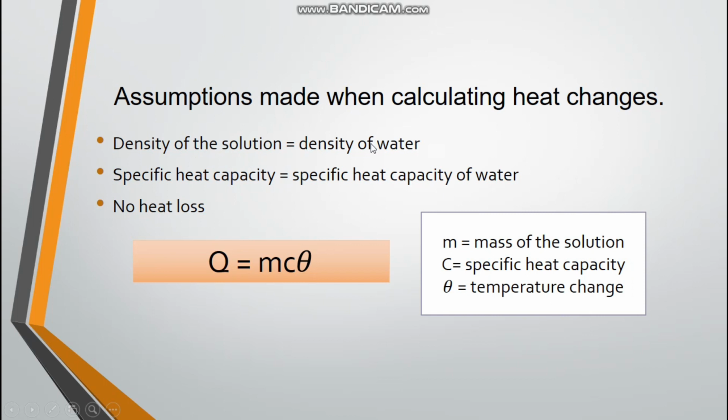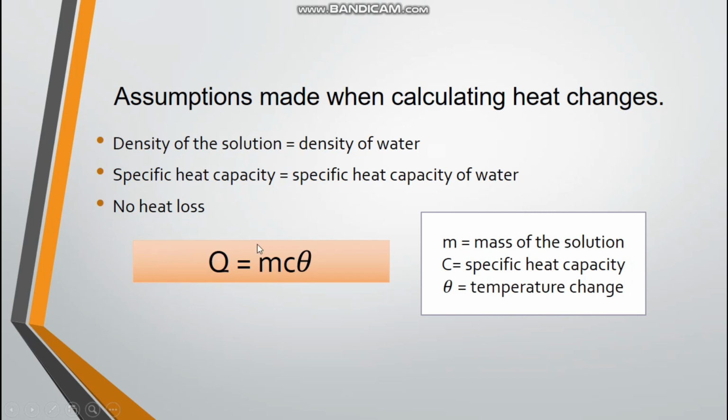Here, because we use dilute acids, we can take the density of water as equal to the density of the solution. And also we assume that the specific heat capacity of the solution is equal to the specific heat capacity of water. And also we assume that there is no heat loss.